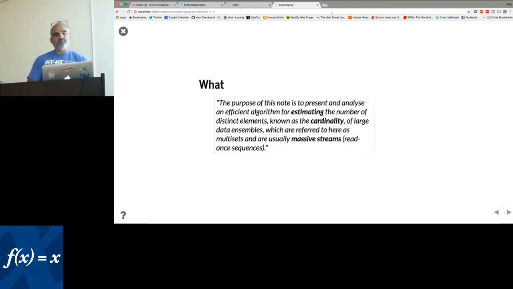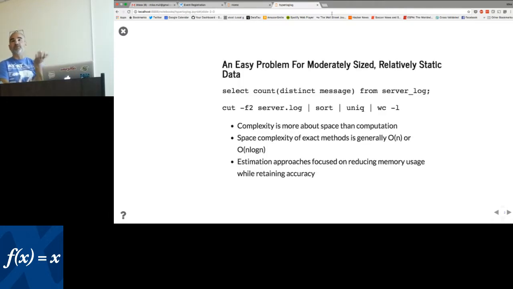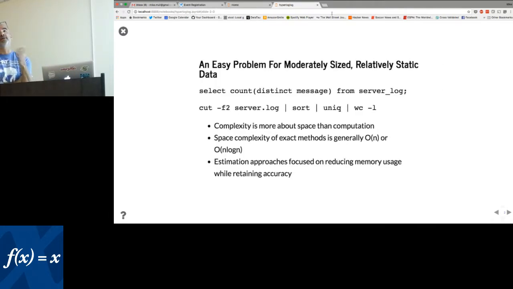One thing that's interesting to me about this particular problem is that for small data sets that don't change much, it's trivial. It's probably something that, if you are a working programmer, you've done hundreds of times. If you are a SQL programmer, if you know relational databases, you've probably done a count distinct before.